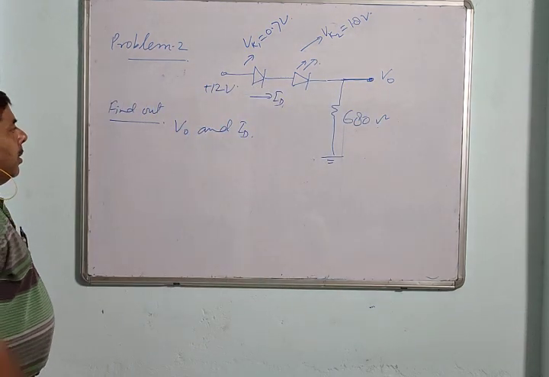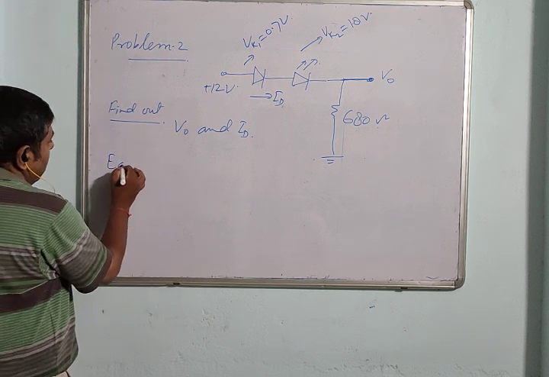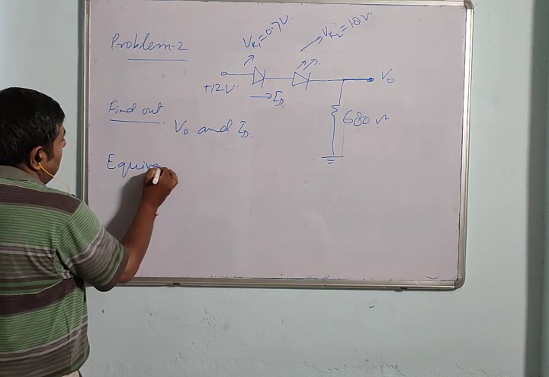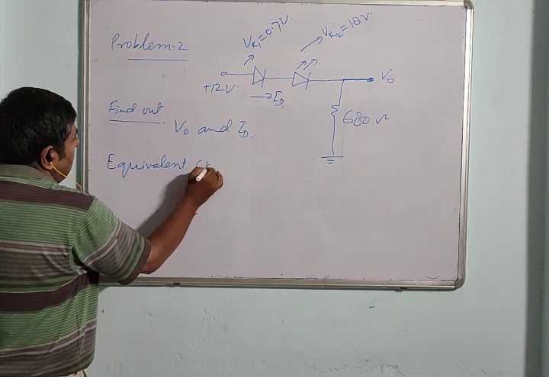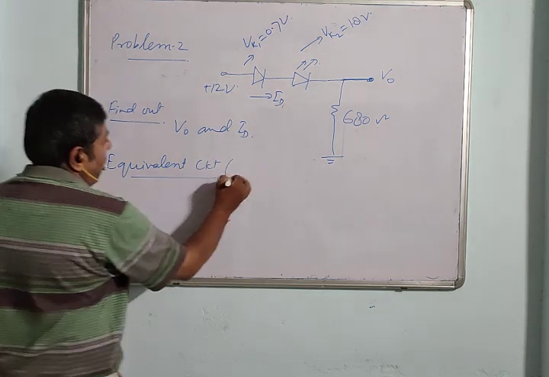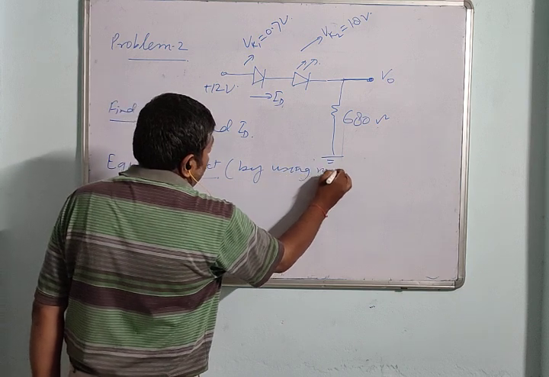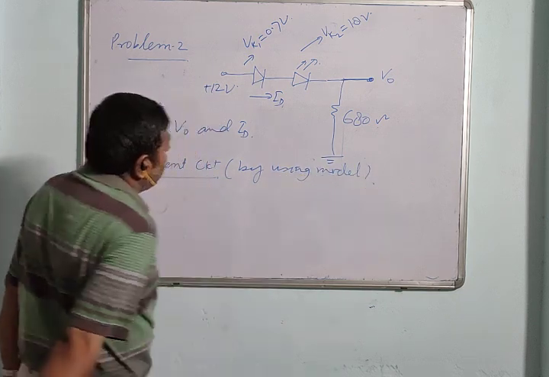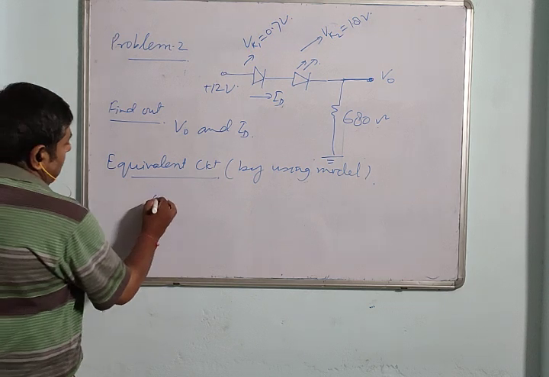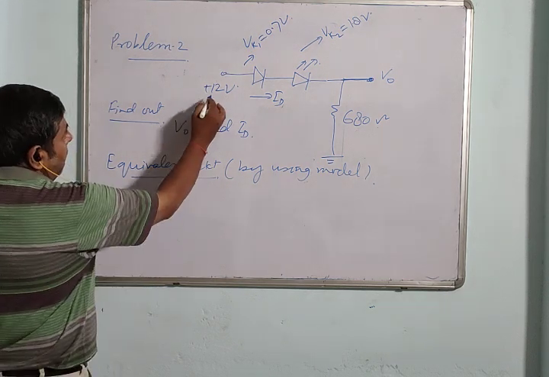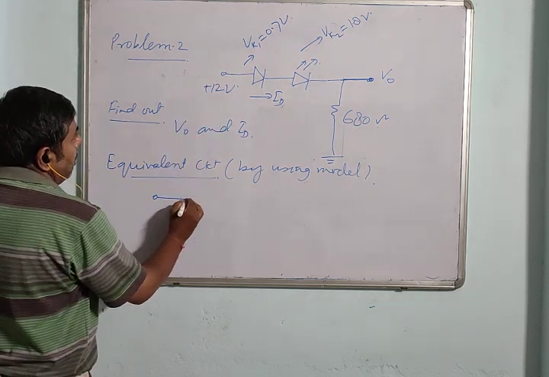So come to the equivalent circuit. First draw the equivalent circuit by using the model. We will use the diode model. So here we are using plus 12 volt.